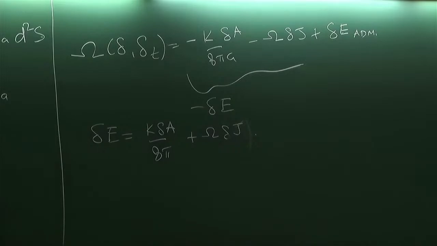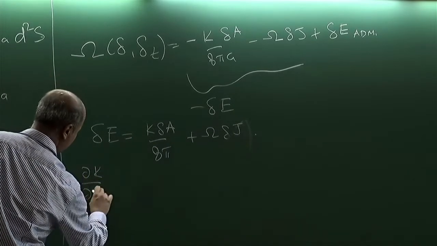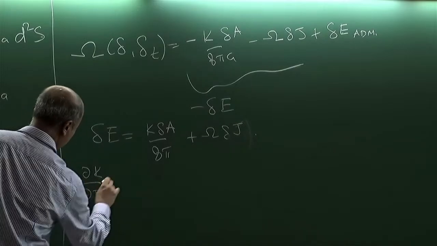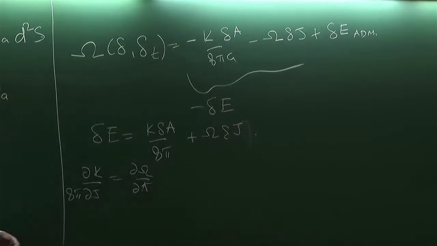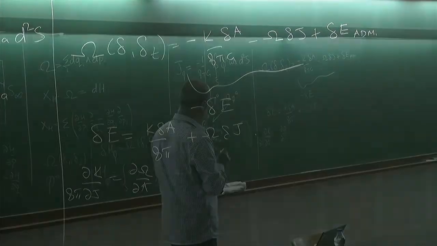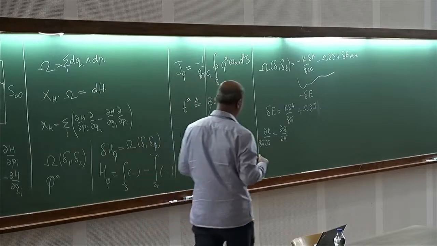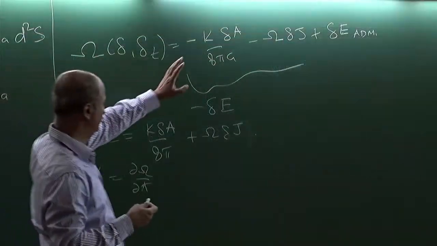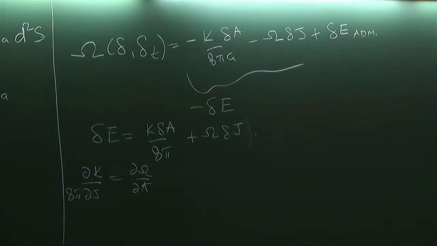So there has to be some integrability condition on kappa and omega such that this combination is an exact differential. And the condition, of course, is that delta kappa upon delta J, times 8 pi, must equal delta omega by delta A. Okay. So this means that, in fact, the Hamiltonian which generates this time translation cannot exist for any choice of kappa and omega.